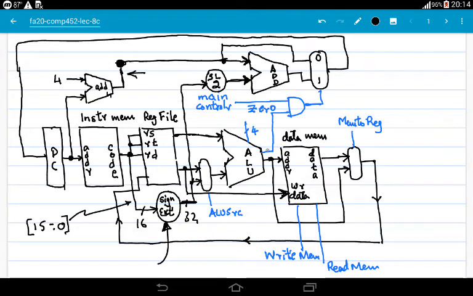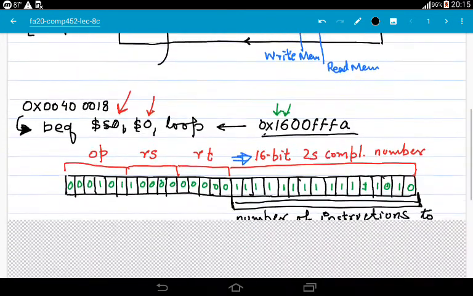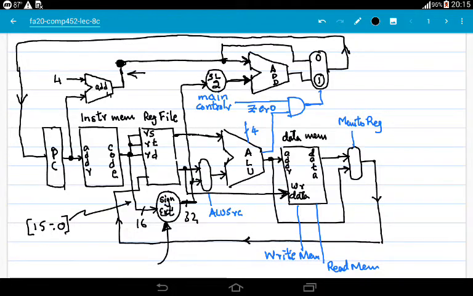Okay, and if the result is 0, then this 0 line will be asserted, or become high, and both inputs of the AND gate will become 1, and as a result this select line will become 1, and the 1 input will go to the output, which is the branch target, and the branch target will be loaded into the program counter on the next clock cycle and that is where the execution will resume.